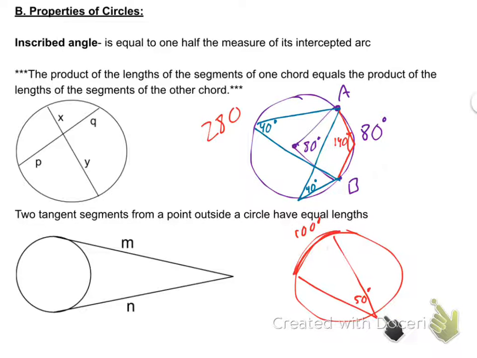So therefore, 50 times 2 is 100. Inscribed angles are half. That means the intercepting arc is twice the inscribed angle.